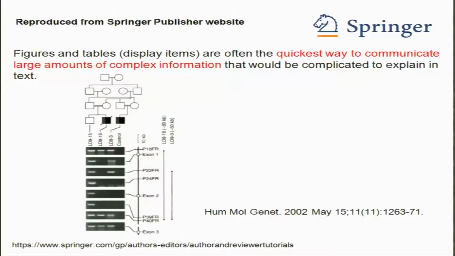That is what is explained in this figure. So it's very complex data, but presented in a very simple way. Therefore the reader can quickly understand the relationship between the various individuals, and appreciate the results as to how the deletion correlated with the phenotype or the disease status in the individuals that have been assayed here.